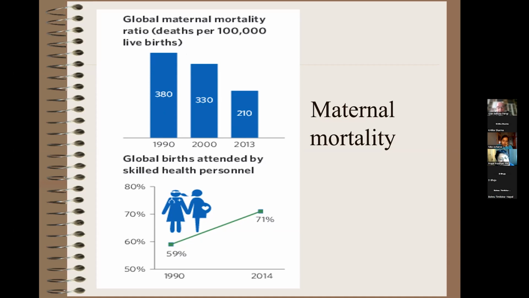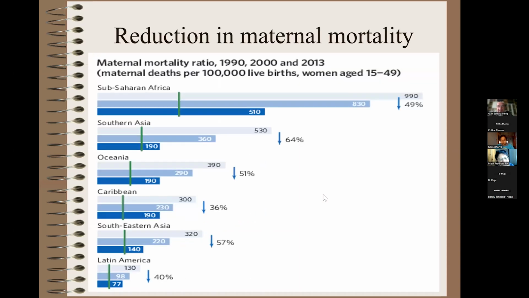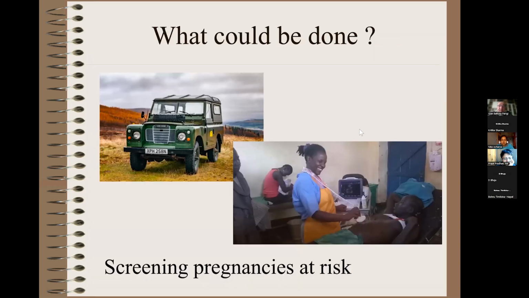Therefore, we are on the good road, but there is still a lot of things to do. You see here the reduction in sub-Saharan Africa, in Southern Asia, etc. The green line is the target, and we are still far away from this target.